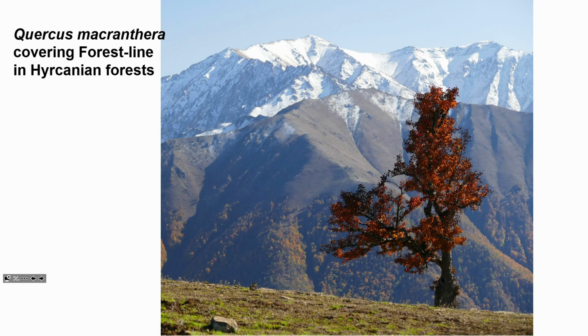Now we go to the forest line or tree line, but I will tell you why we cannot say tree line for this zone. You can see the forest is finishing, and then we have grasslands. But the elevation here is almost 2,500. This is Quercus macranthera.